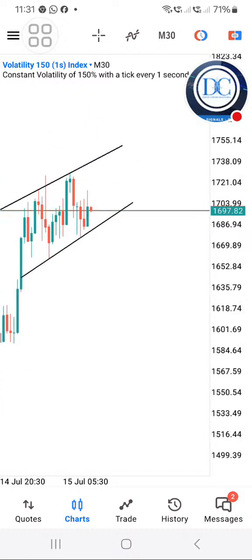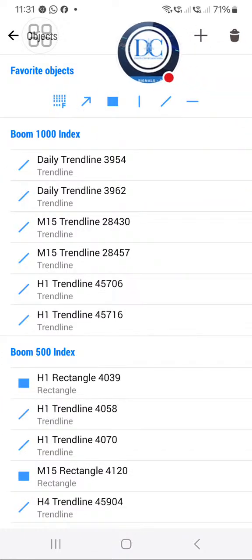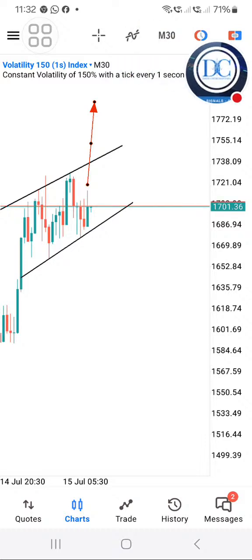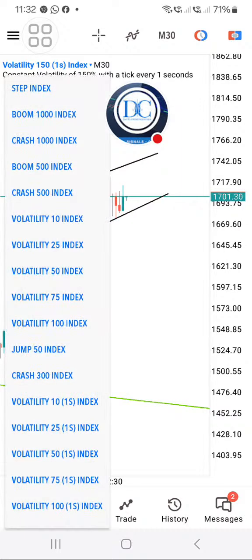What I want to see is a candle to break up because my weekly bias is bullish. Once we have a breakout, I will then take the trade. Why? Because the bullish momentum will indicate that there's now a continuation of that bullish momentum. So basically, that's how I'm gonna trade VIX 150.